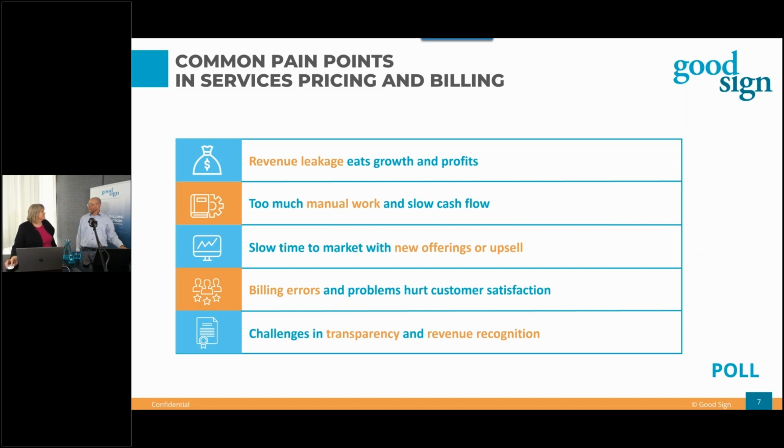Nobody admits that they are leaking revenue, but I think it's the reality in many industries. Yeah, and if those are the pain points, then that also comes as an after result from it. Yeah. Good.